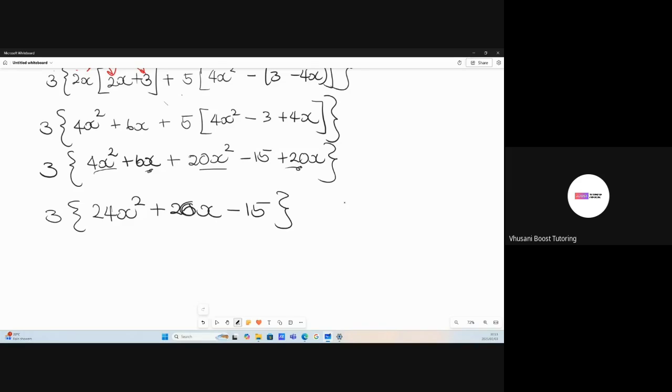And then let's head forward. This 3 multiplied by 24 should give us 24, 48, and the next one is 72x squared, sorry. And the next one is 3 multiplied by 26.